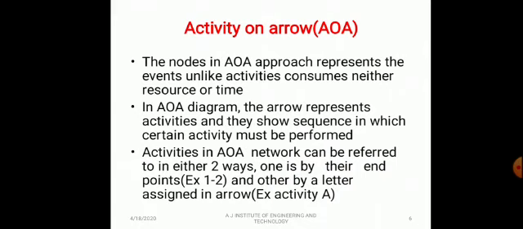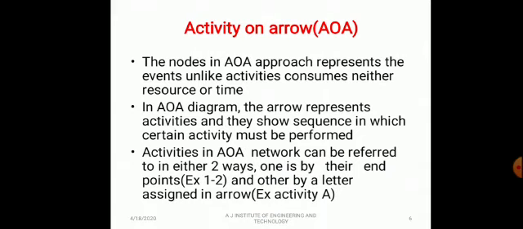Activity on node diagram. The nodes in the activity on arrow approach represent the events, which, unlike activities, consume neither resource nor time. In an activity on arrow diagram, the arrow represents activities, and they show the sequence in which certain activities must be performed.